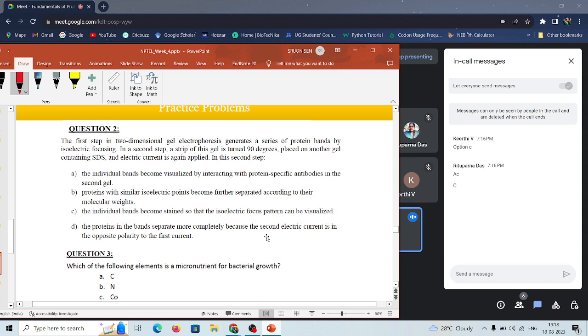So the question says that in 2D gel electrophoresis, first you separate on the basis of isoelectric focusing, and secondly on the basis of SDS gel electrophoresis. So what happens when you place that strip of gel on an SDS-PAGE apparatus?